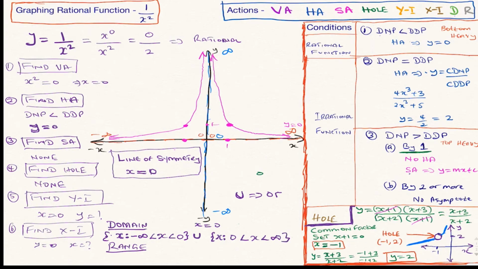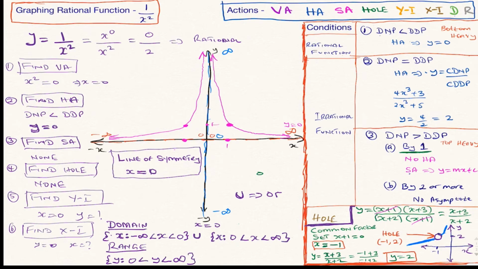And that's your domain. The range, on the other hand, is from 0 to positive infinity. That's where the curves are. It never crosses 0. So therefore, we do a curly bracket, y colon, 0 is less than y, is less than plus infinity. And we close the curly bracket. And that's just the range.